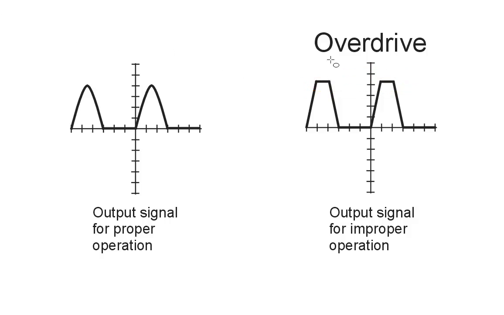When that happens with overdrive, you'll get a whole lot of bad things happening, mainly harmonic energy in the output, which can cause illegal operation of a radio transmitter. The Federal Communications Commission in the United States regulates how much harmonics a radio frequency transmitter can produce. Overdrive can result in excessive harmonic production.